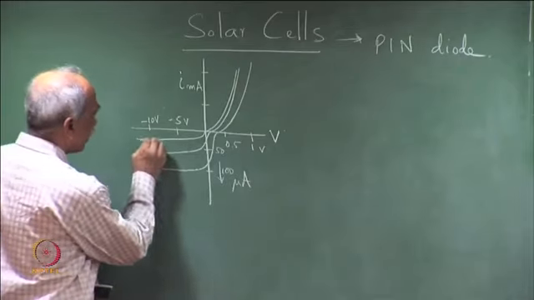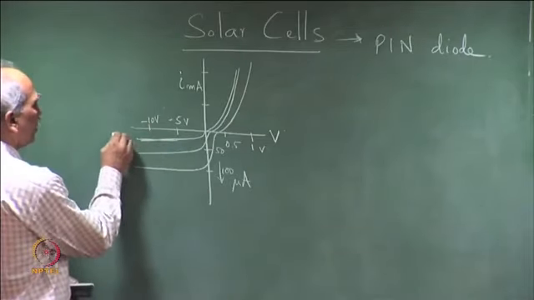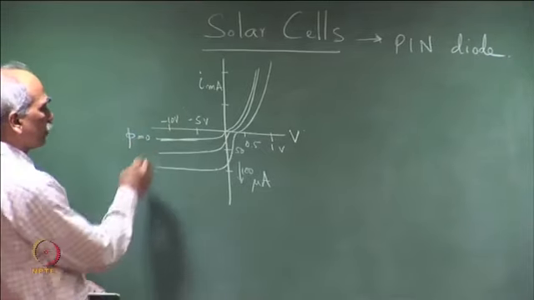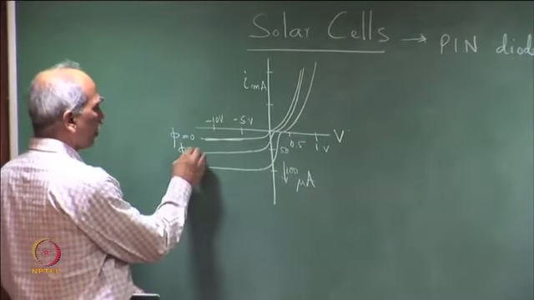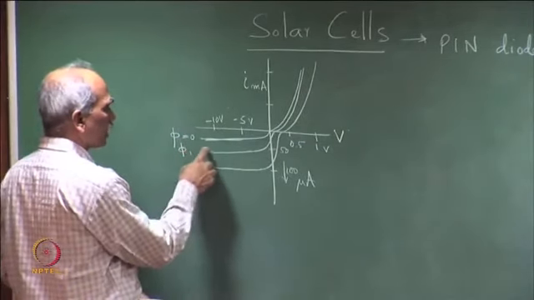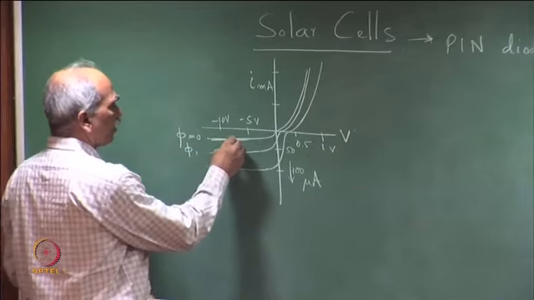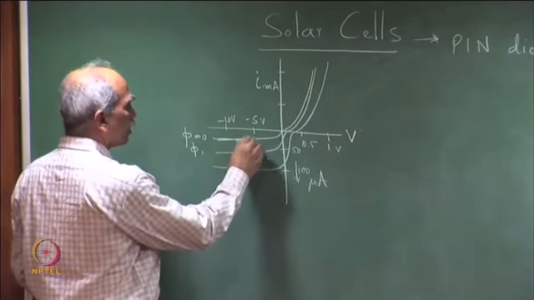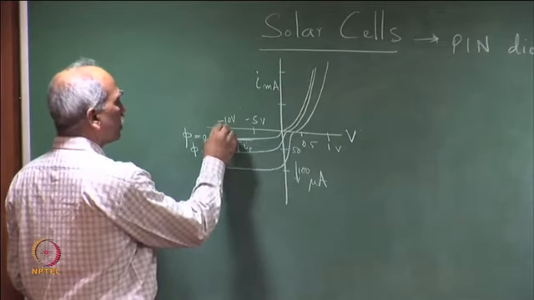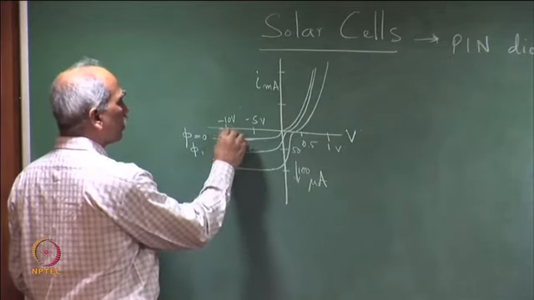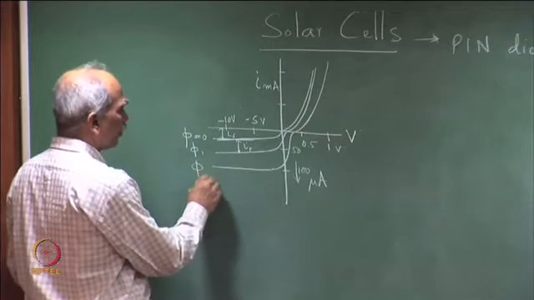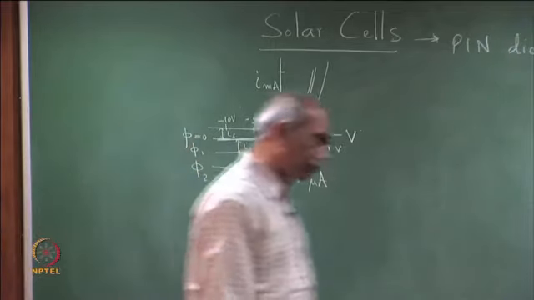So, this is I_S, the saturation current when there is no incident photon flux, phi equal to 0, and this is for an incident photon flux phi 1, and because of that there is a finite photocurrent I_P here. So, this is I_P and this is I_S, the saturation current, and another incident photon flux phi 2.